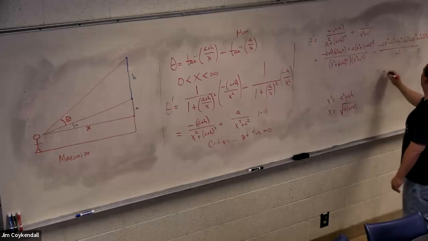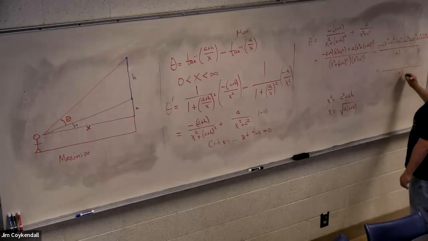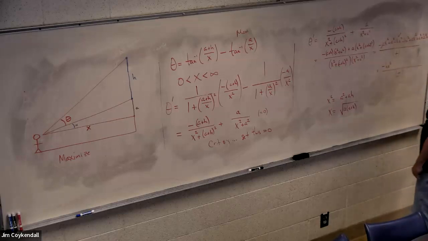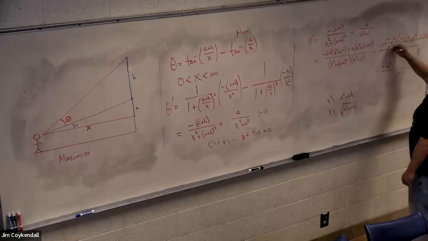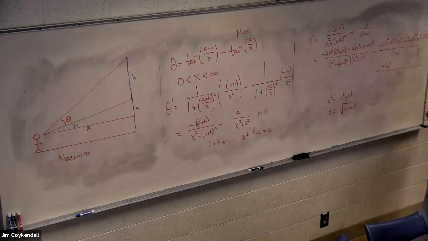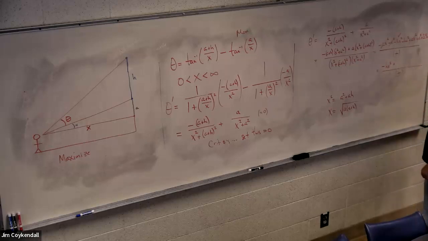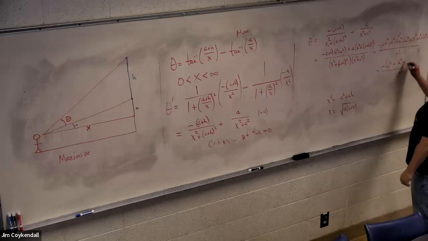Very similar to what we had before. Got a positive denominator. Those kill each other. They get minus h x squared. That's the only x squared thing I've got for that. The a cubes kill each other, and plus 2 a squared h plus h.